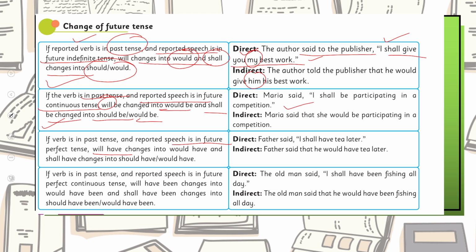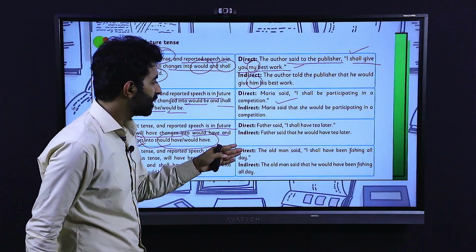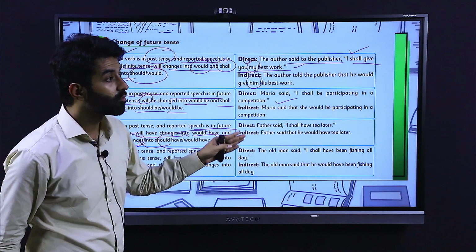You will have changes into would have, and shall have changes into should have or would have. Father said, I shall have tea later. You would say, father said that he would have tea later. Well, shall have changes it to would have.